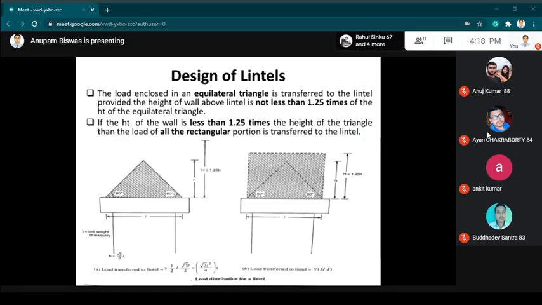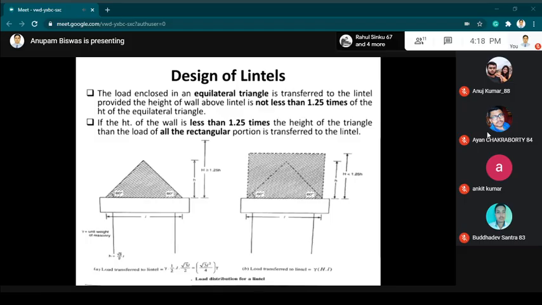So if the height of the masonry wall is more than 1.25 times the height of the equilateral triangle, then all the loads coming to the lintel will be in the form of an equilateral triangle only. Okay, so not the total load of the masonry wall is coming onto the lintel. Why? Because of the arch action.